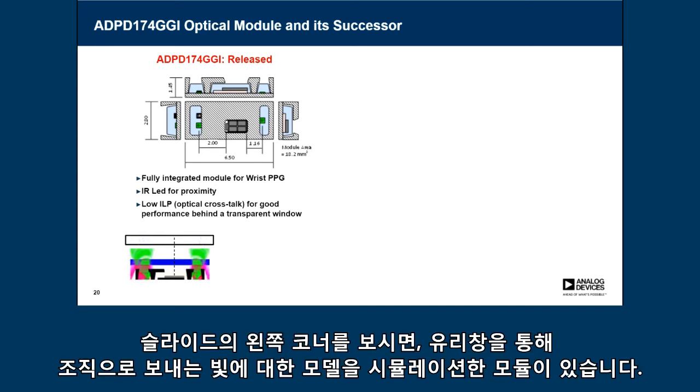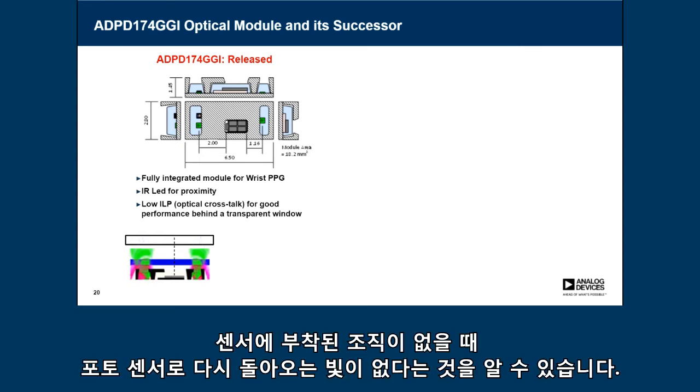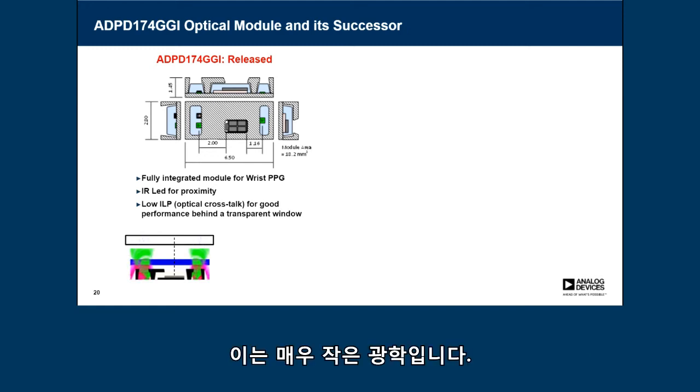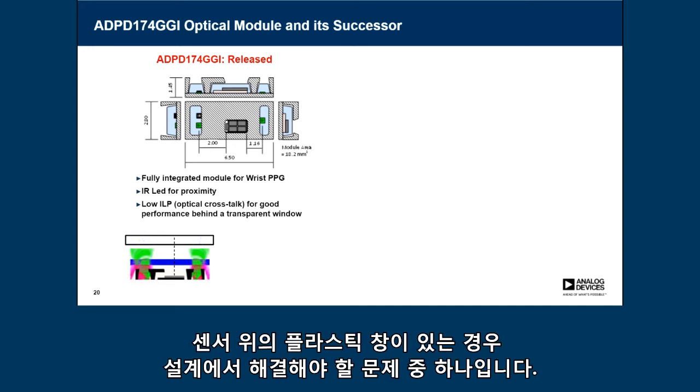If you look at the slide in the left corner, you see some simulation models of the light that we are sending through a glass window into the tissue. You see that with the light being sent, there is no light coming back to the photosensor when there is no tissue attached to the sensor. That means there is very little optical crosstalk.